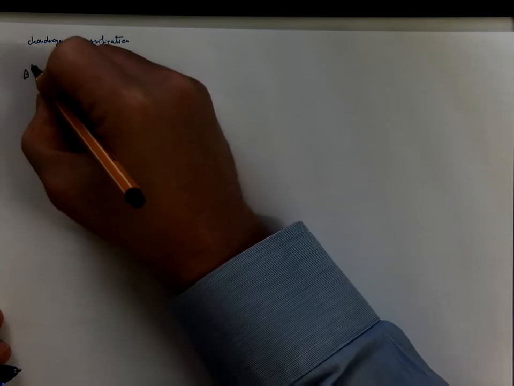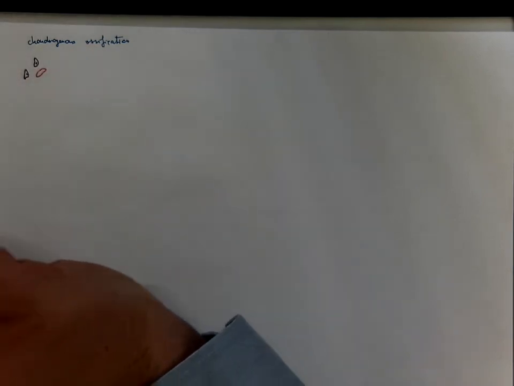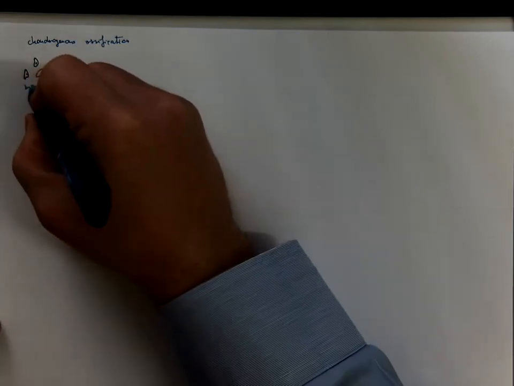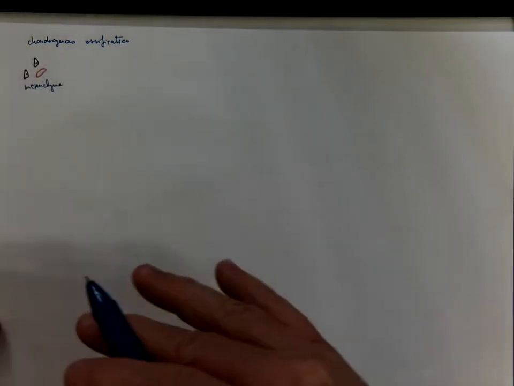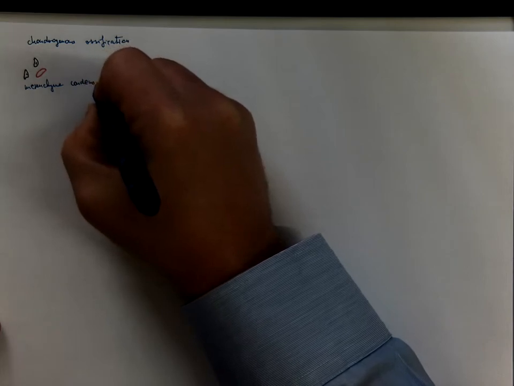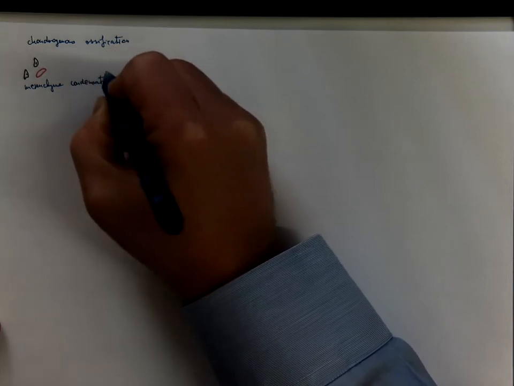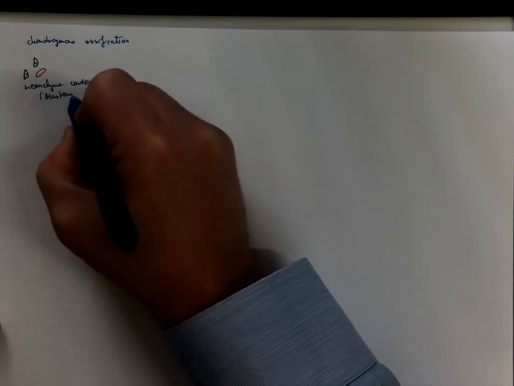So from histological point of view, we start with the mesenchyma. However, the mesenchyma undergoes condensation, which is called also blastema, condensed mesenchyma.